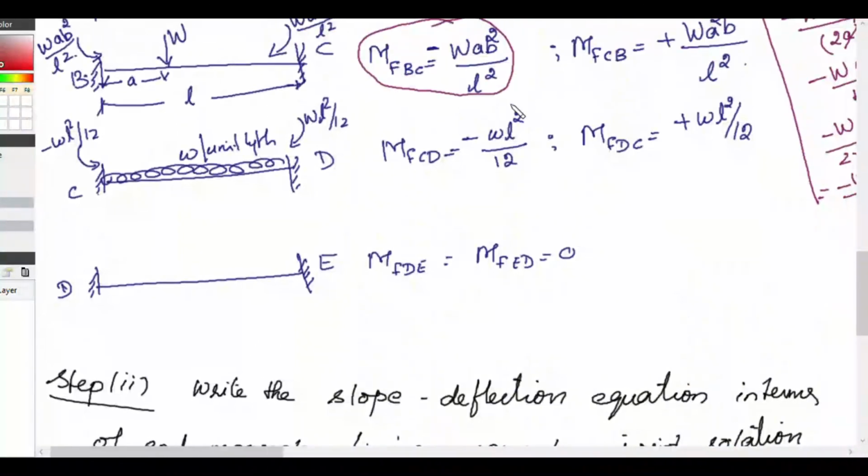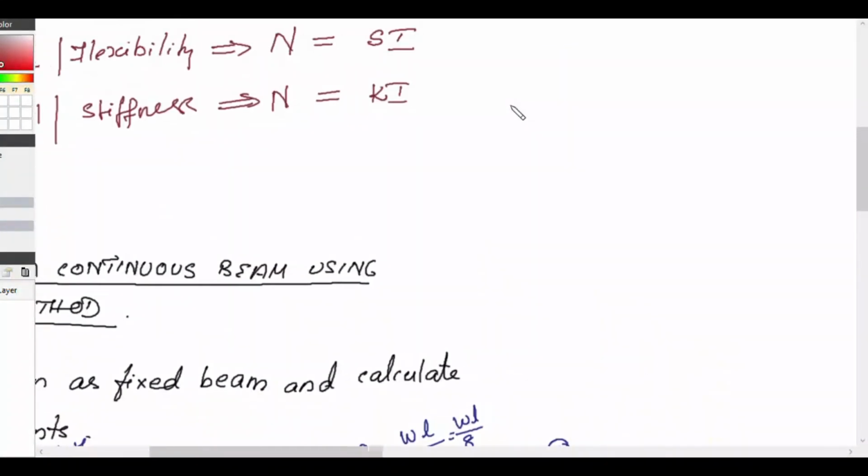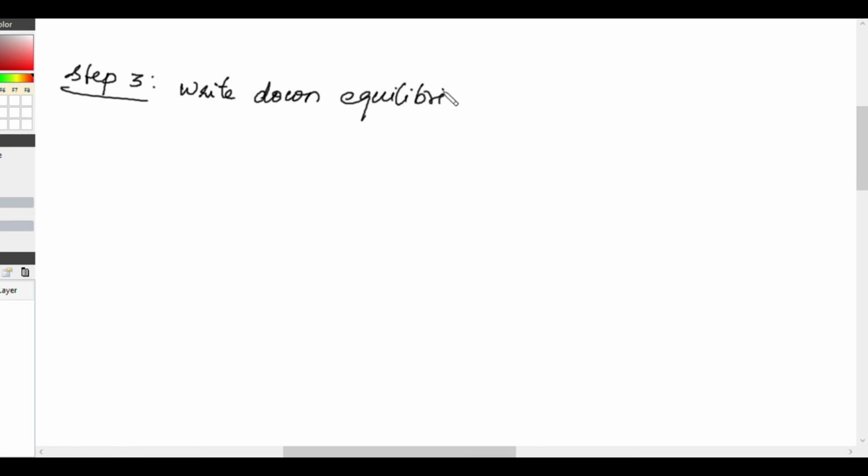So we will write our third step now. Step 3. So step 3 is write down the equilibrium equation for individual joints.